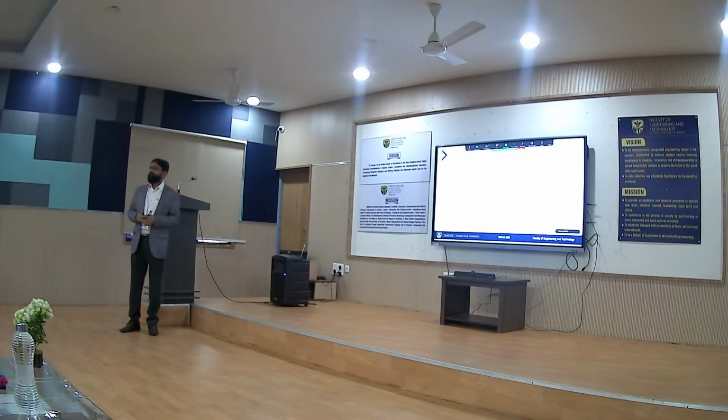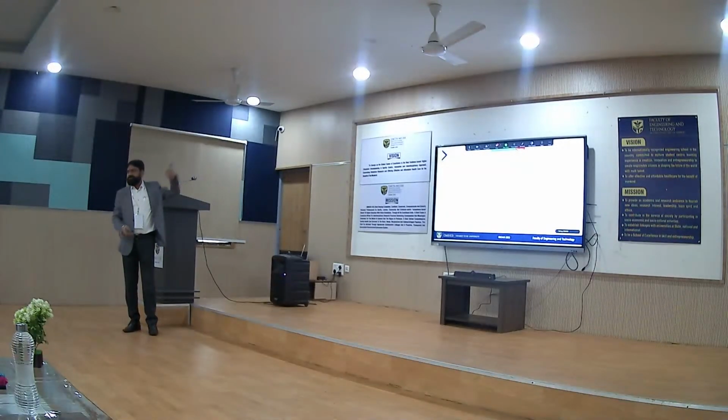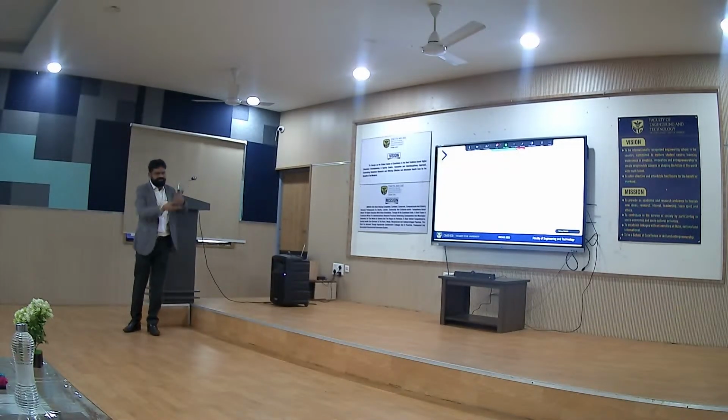And how the wavelet works: there is frequency on the horizontal axis and time on the vertical axis. This one is the frequency axis and this one is the time axis. In a simple Fourier transform, the whole image is divided into typical blocks, and that is not the case with the wavelet.